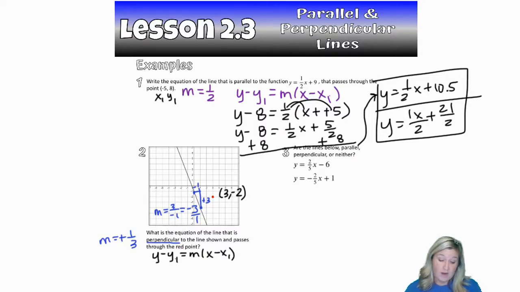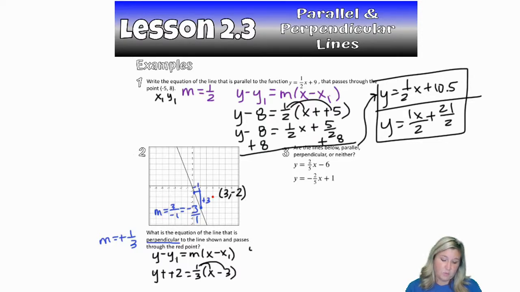And so therefore I'm looking at y minus y1, which is minus a -2, is equal to my slope, which is a positive 1/3 times x minus 3. So minus a negative, remember, makes a plus. I'm going to distribute 1/3. So I kind of do that all in one little swoop there.